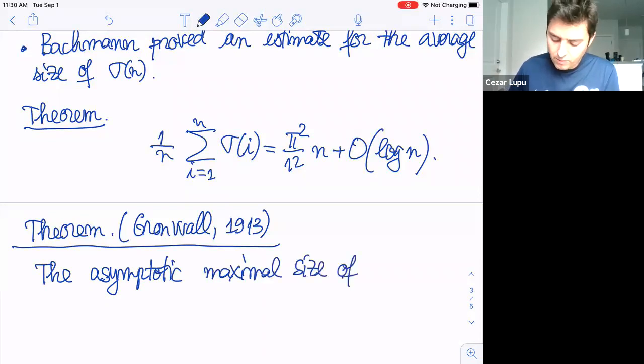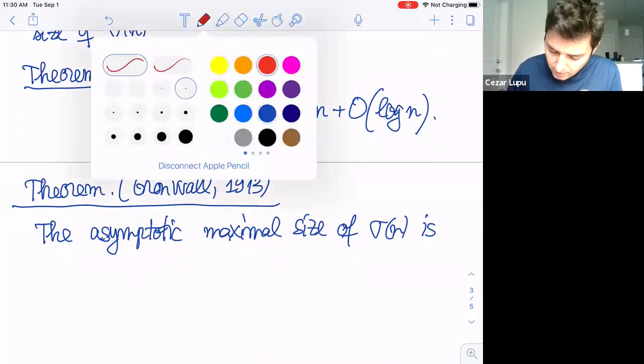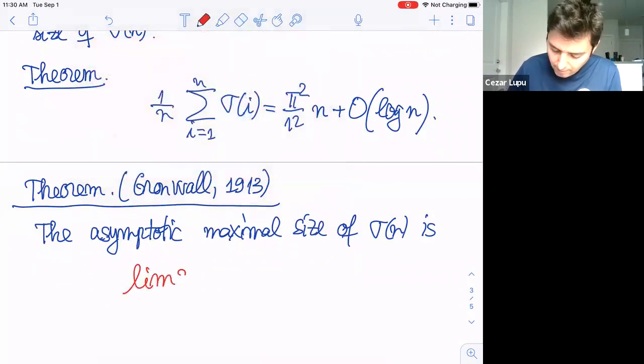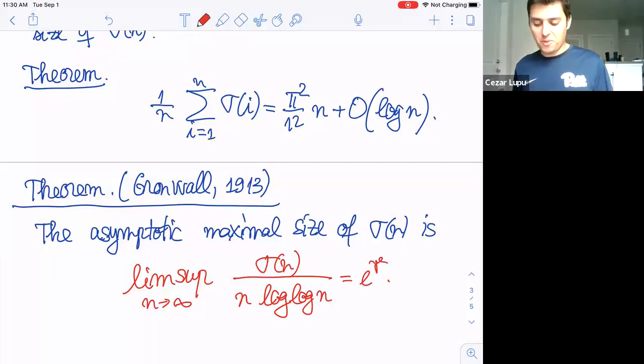In fact, let me write it because I want to emphasize this. The lim sup of sigma of n over n log n, guess what? This is e to the gamma. That was the result of Grönwall.